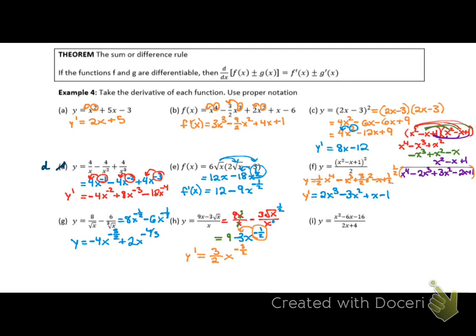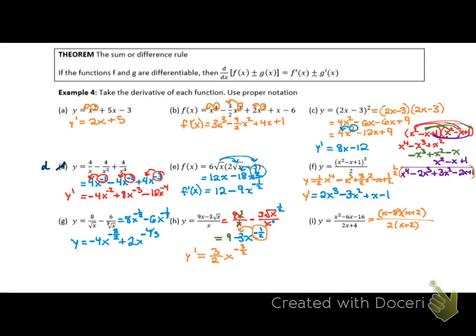Almost done. For I, we're going to factor first. Okay, and the reason I'm going to do this is because you can't just separate them. It's not possible, at least with our knowledge right now, because 2x plus 4 has addition in the denominator. So we're going to separate this so that the numerator is x minus 8, x plus 2, over 2 times x plus 2, right?